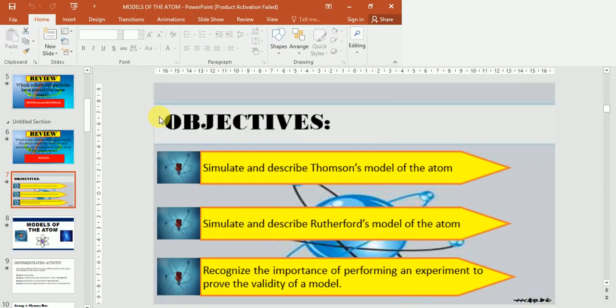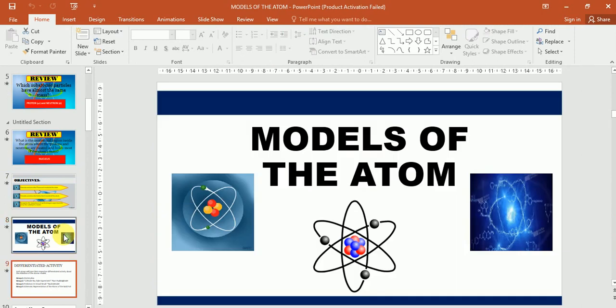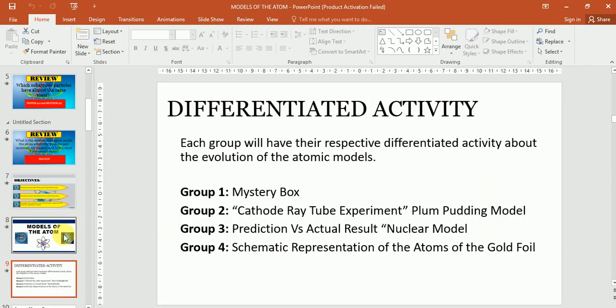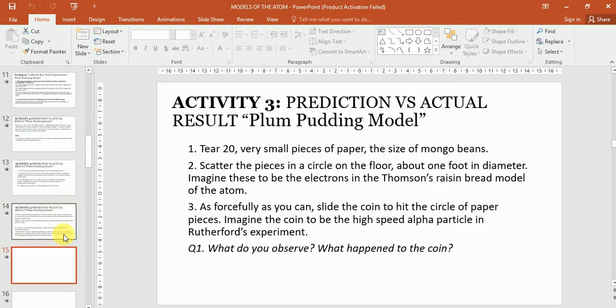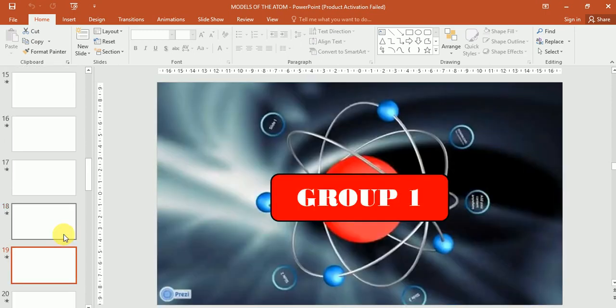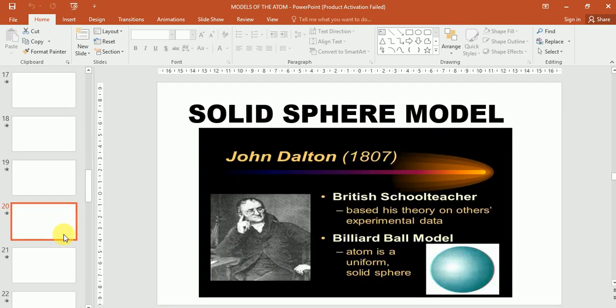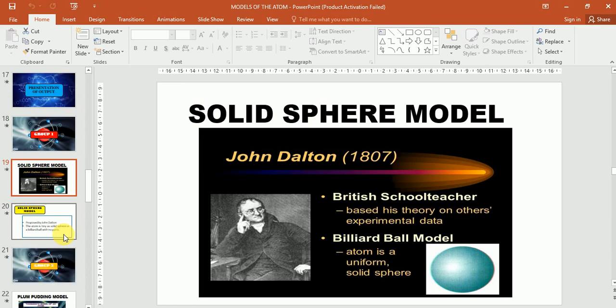Models of the atom. The very first model is the solid sphere model.